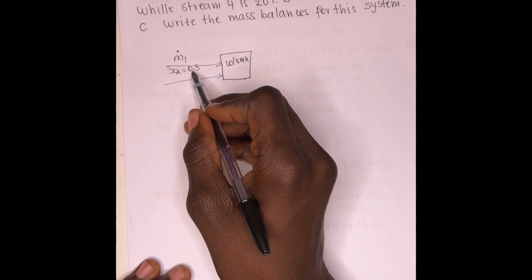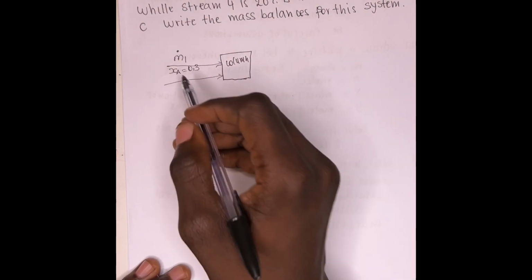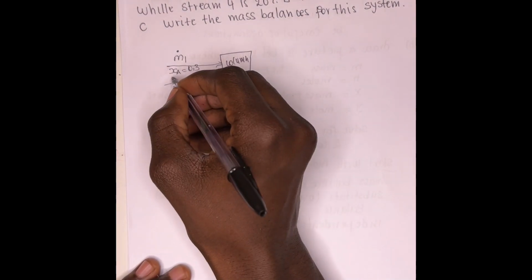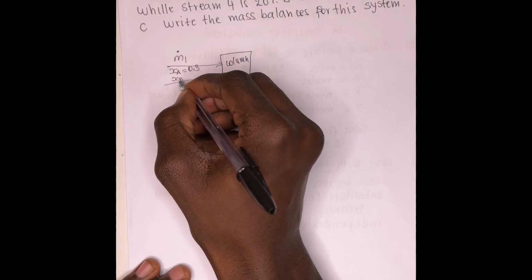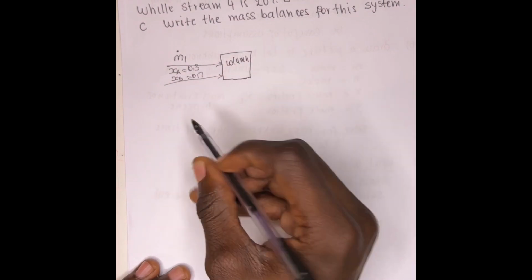You see, guys? And then they say the rest is B. The sum of percentages is 100%, or in terms of fraction, 1. So we already have 0.3. To get 1, we just take 1 minus this. So XB is 0.7. This is still the information of M1.